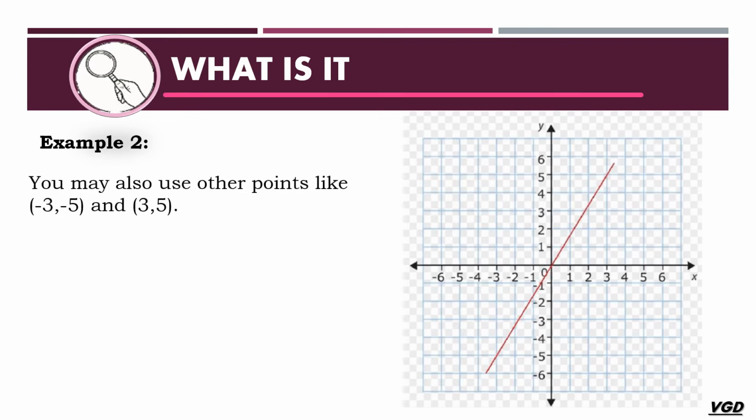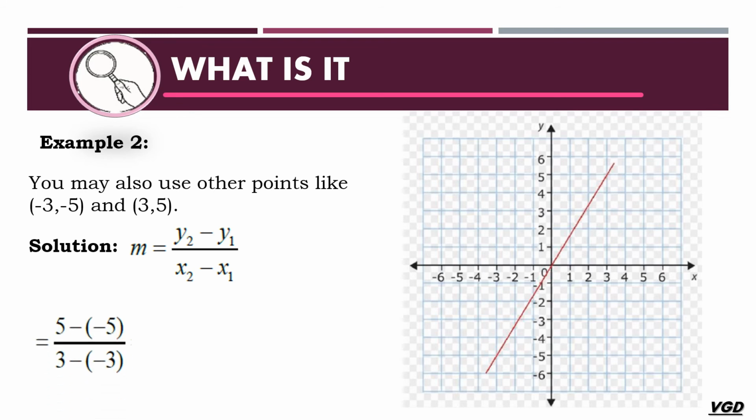So let's try to have the points (-3, -5) and the ordered pair (3, 5). So using the formula in getting the slope, let's substitute the value. So we will be able to get 5 minus negative 5 over 3 minus negative 3.